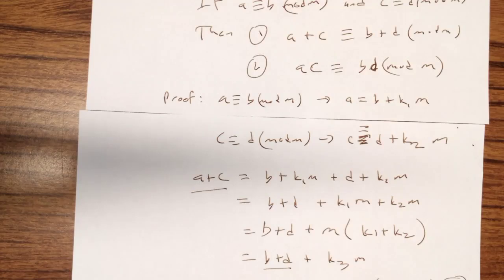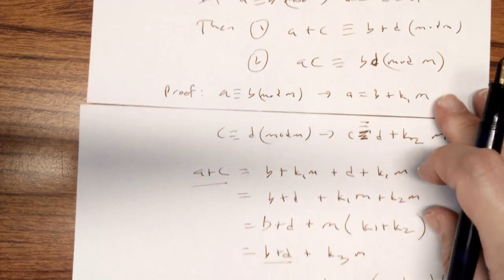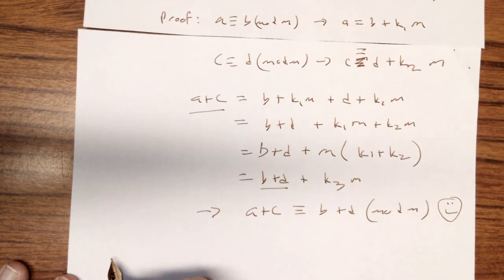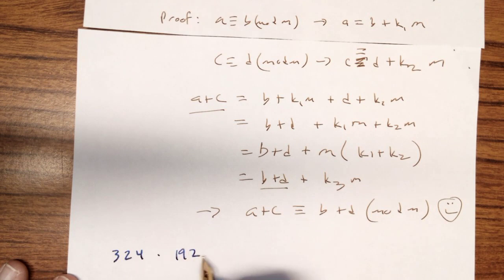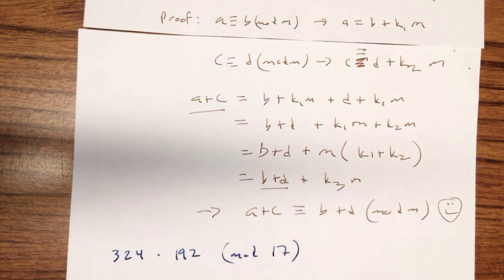There's a really nice result out of this. Let's suppose I wanted to do 324 times 192 mod 17. That's disgusting.